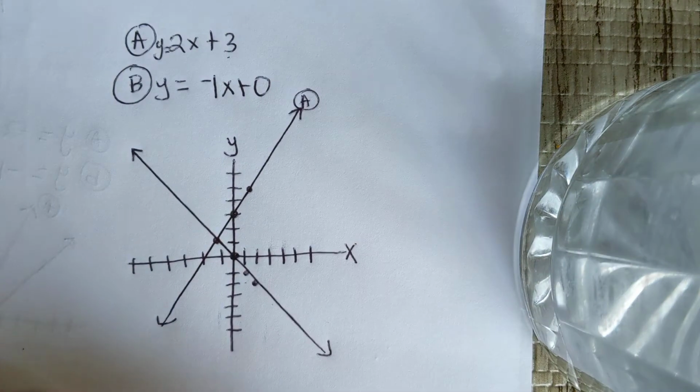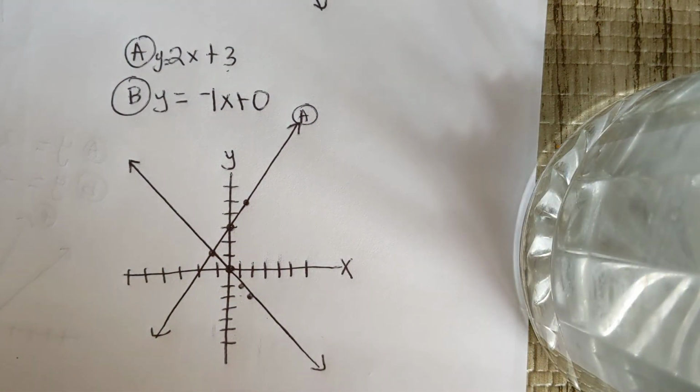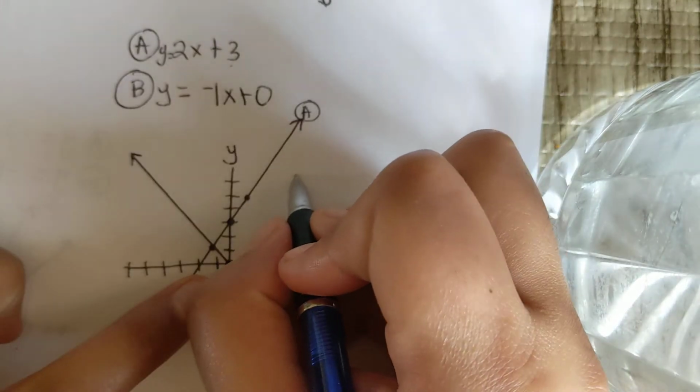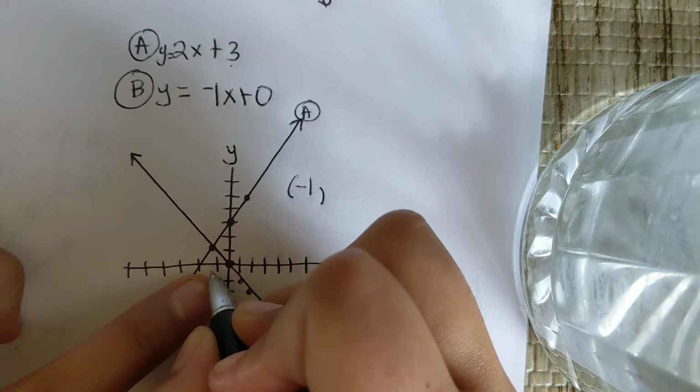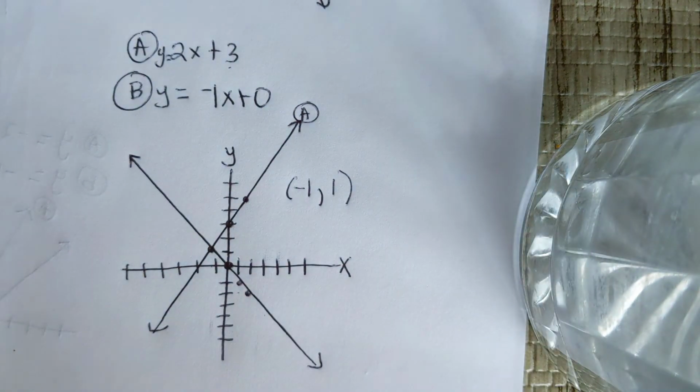So again, where those two lines cross, that's going to be my answer. So these two lines cross at negative 1 and positive 1. So that is the way to get the answer by graphing.